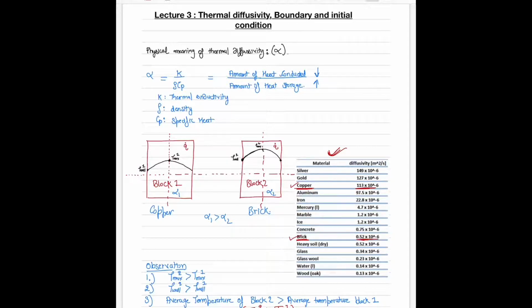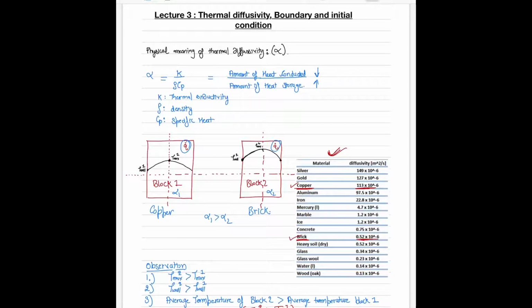Suppose you are able to generate heat, that is q dot, inside the copper and the brick, and they are equal, that is q dot in copper is equal to q dot in brick. This can be achieved by placing a heater inside the copper block as well as in the brick.